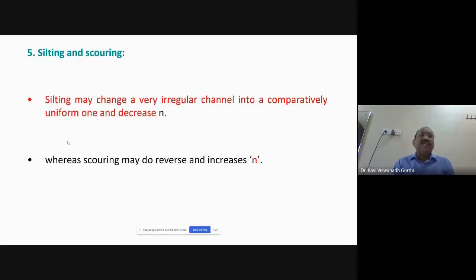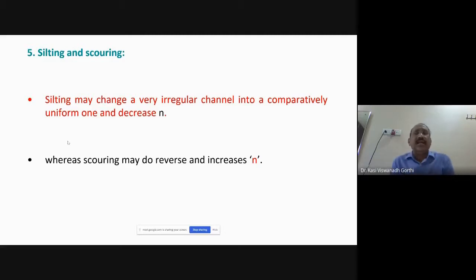Number five, silting and scouring, which I have been discussing in the earlier classes also. When the flow is taking place, be it a stream, river, or canal, the soil particles from the sides and bed of the channel have a tendency to get lifted up and flow along with the water. If the velocity is more, soil particles will be lifted.